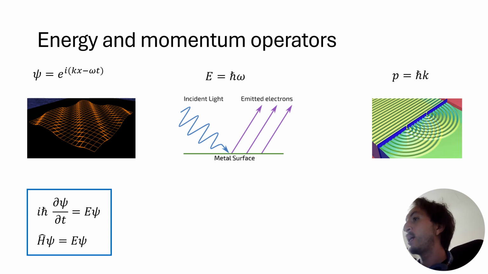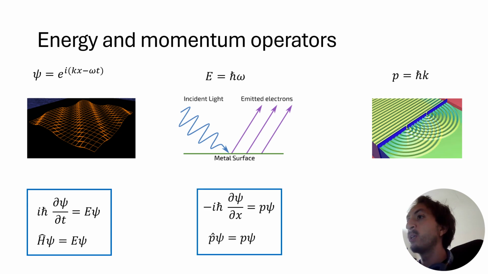So clearly the Hamiltonian is the quantized form of the classical energy of a particle. And similarly with momentum, you can work out that the momentum operator is just minus i h bar times the partial derivative with respect to x, your spatial position coordinate.